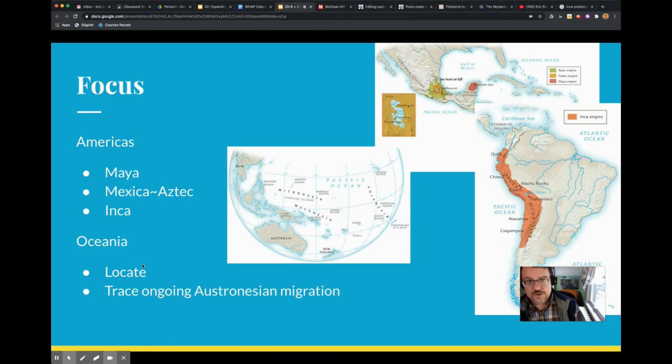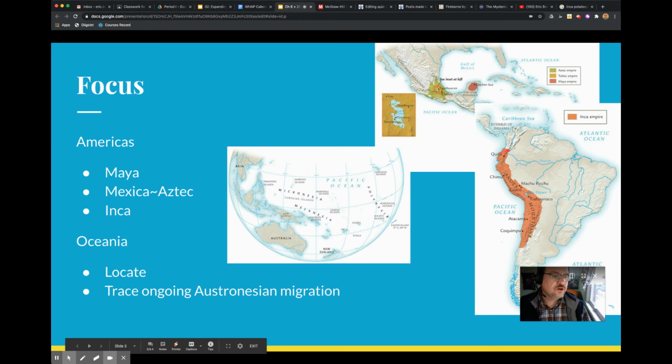Okay. The focus now is chapter 20. It talks about the Mexica or Aztec as heirs to the Maya, and then brings in the Inca civilization in Andean South America. Sometimes this culture is called Andean. As you can see, the Inca empire stretched all throughout this huge area, a lot of which was in the Andes Mountains, but not all.